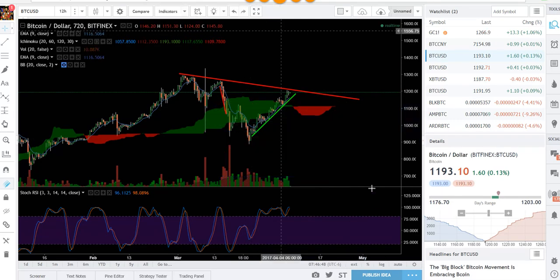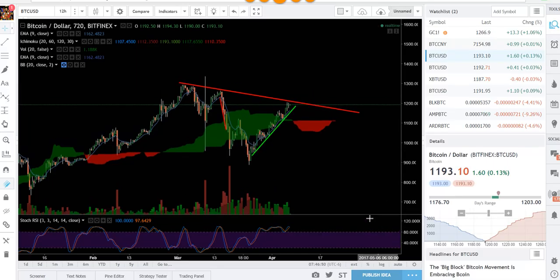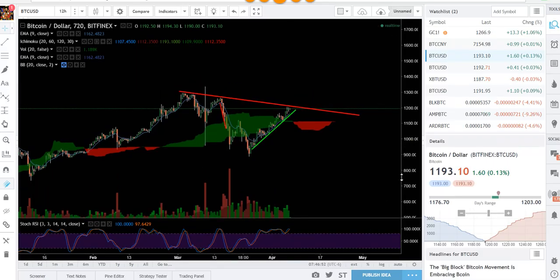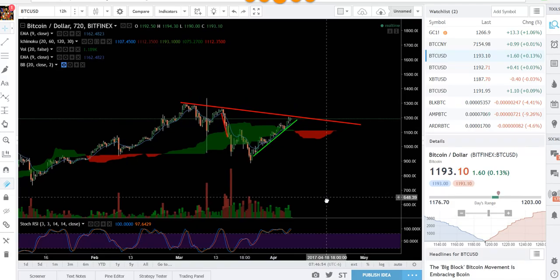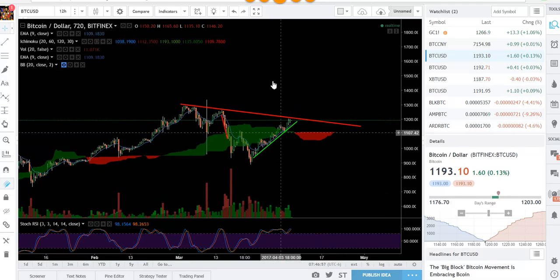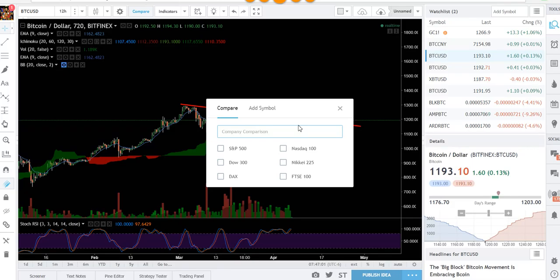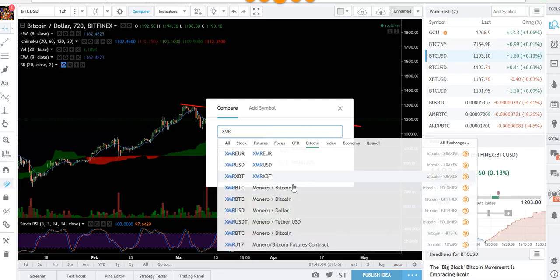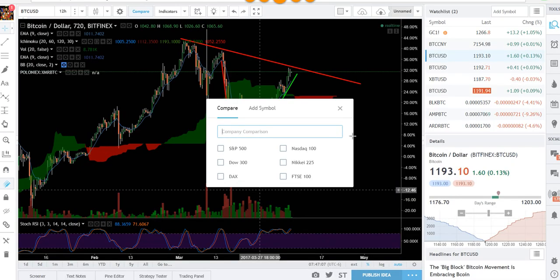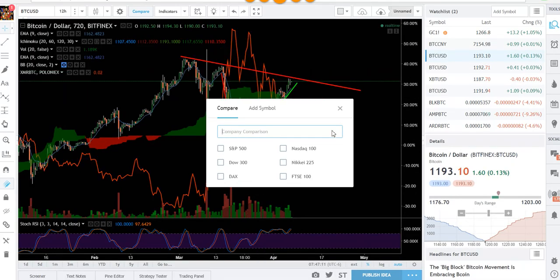The inverse relationship between the two has always been there, but in the last 3 weeks, it's been astounding, honestly. Let's look at XMR. So when you guys are playing your alts, keep these kinds of things in mind.